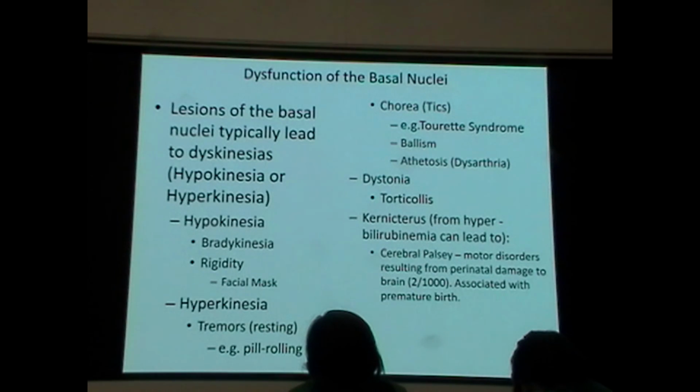Usually adults don't get cerebral palsy secondarily, but infants do in their early developmental stage. Torticollis is a dystonia. You also see it in cerebral palsy, where their head is kind of locked in a twisted position, and there's nothing they can do about it.